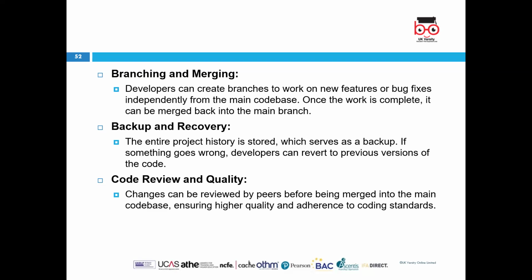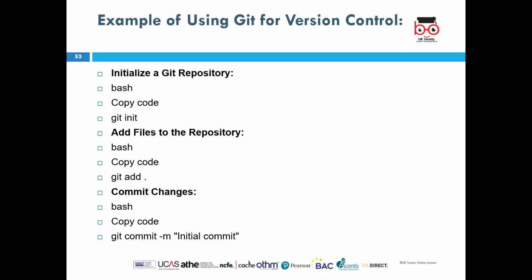Backup and recovery, so by uploading our files into our repository, into Git, we now have multiple versions of it, and we are able to recover them in case these files are gone or missing. We can also review the code, because it is now available for many developers to look into and improve.